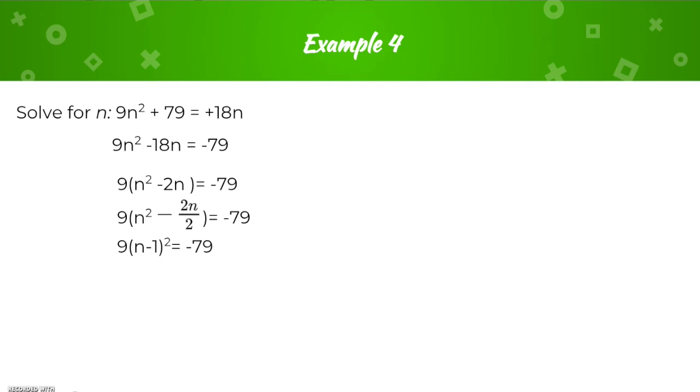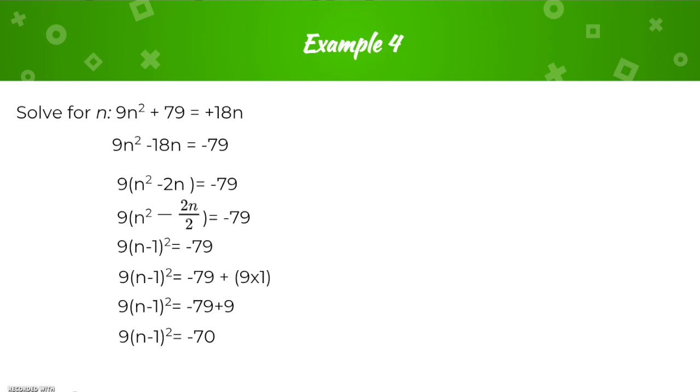Then I do minus 1 times minus 1, which equals 1. So I add this to the right side of the equation, but I don't add only 1. I need to add 9 times 1. 9 times 1 equals 9. So I do negative 79 plus 9, which equals negative 70.